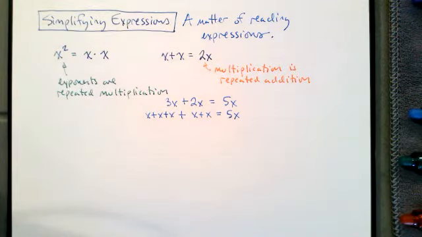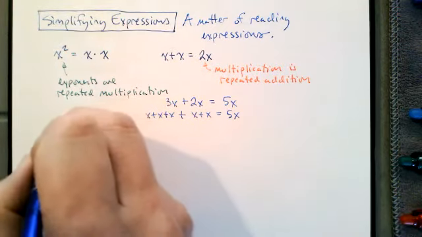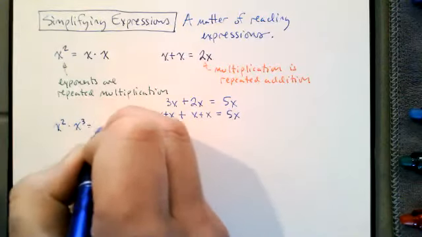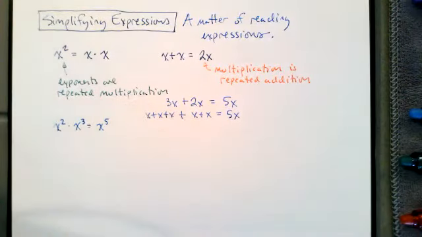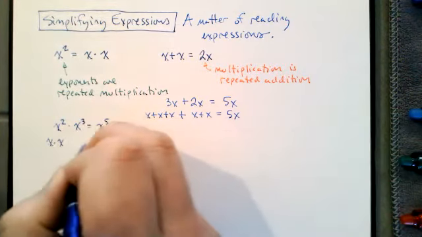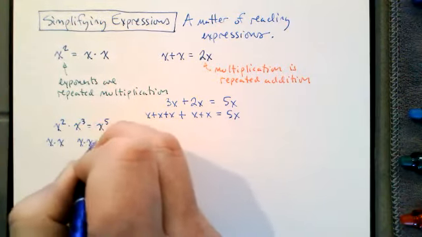Same thing with exponents. If I have x squared times x to the third, it's not x to the fifth because when we multiply things with the same base, we add the exponents. It's x to the fifth because x squared is x times x, and x cubed is x times x times x.